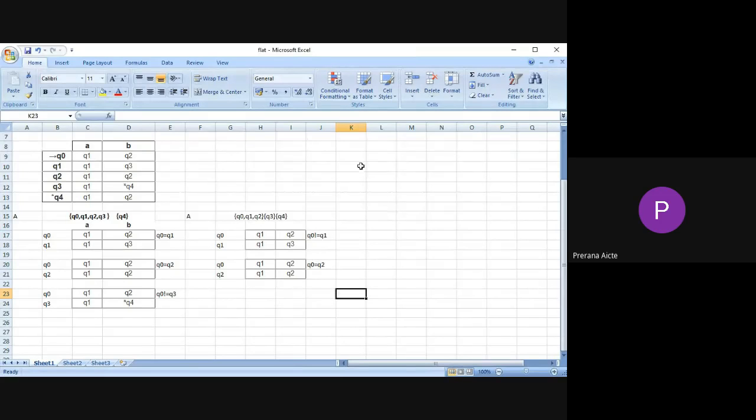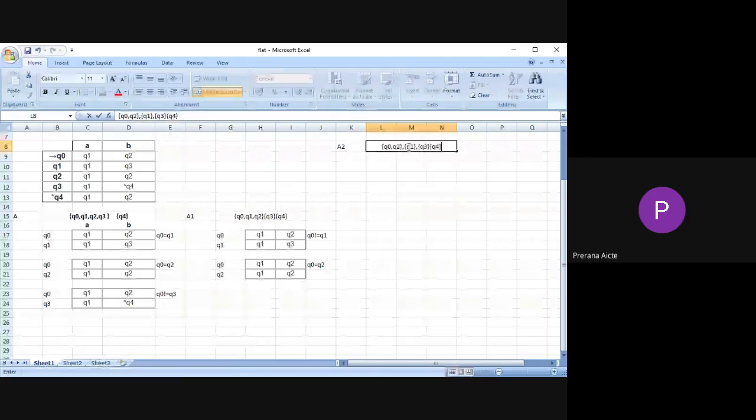So A2 is: Q0, Q2 is one state, Q1 is one state, Q3 is one state, and the final state Q4 is one state.